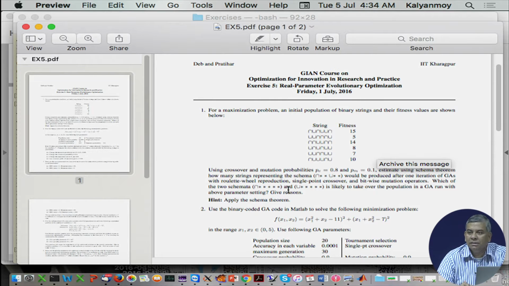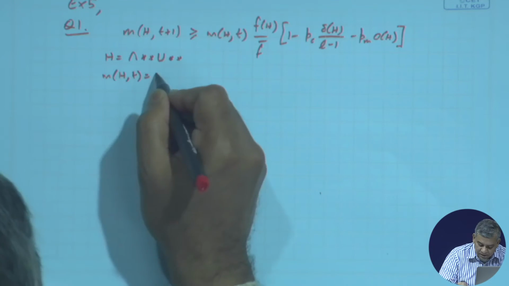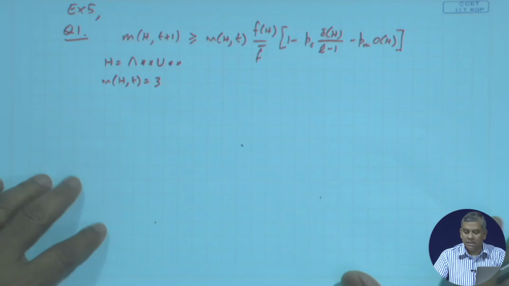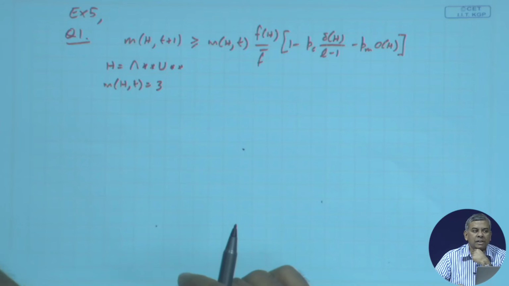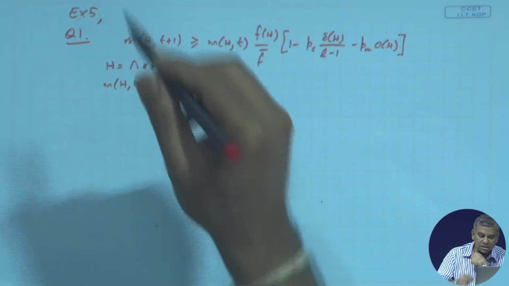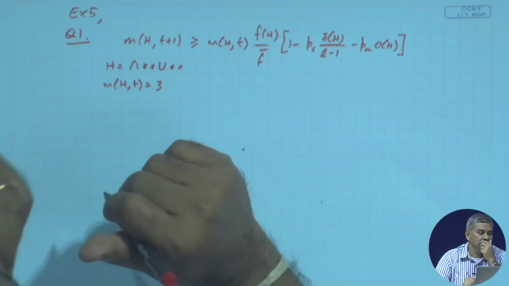Everyone sees that? Okay. So now, what is this value then, m(H, t)? 3 copies. It has 3 copies in this population at generation t. Any question, doubt?